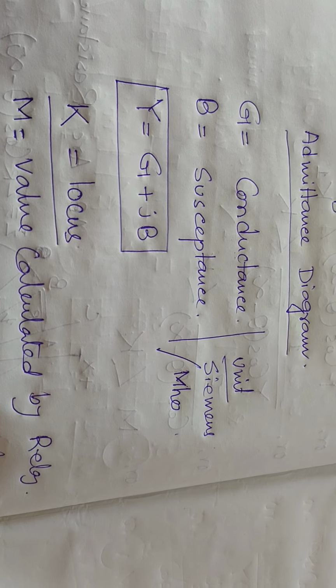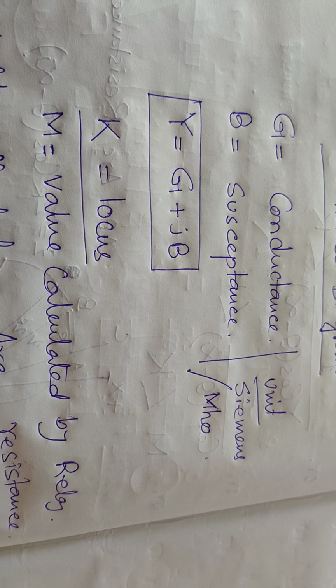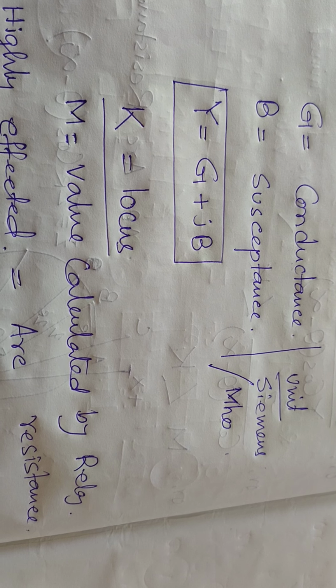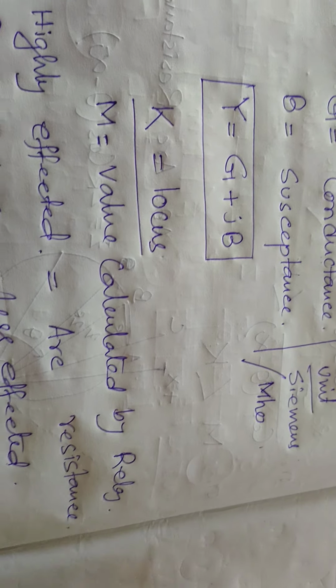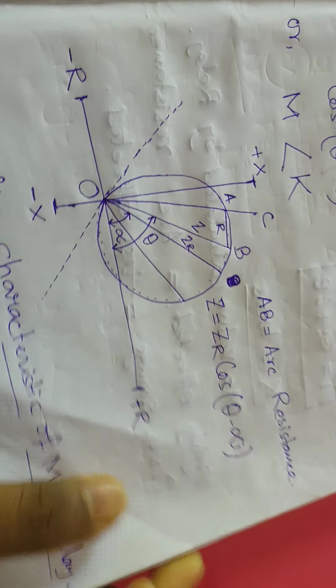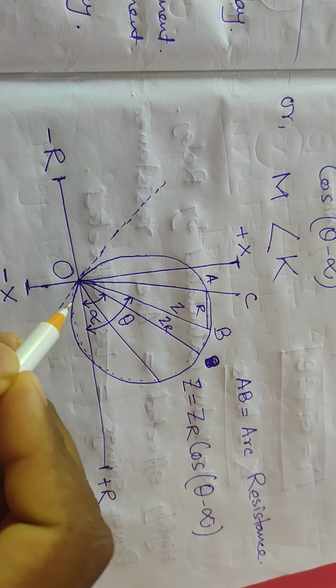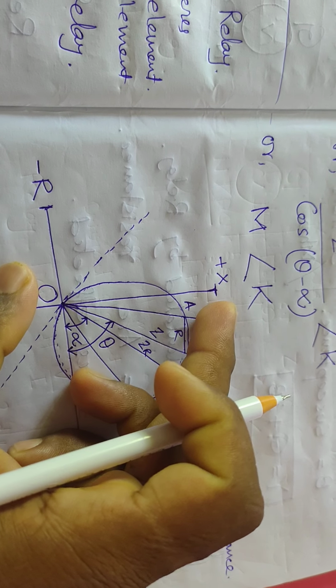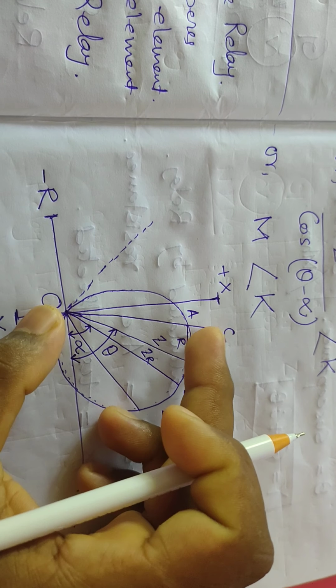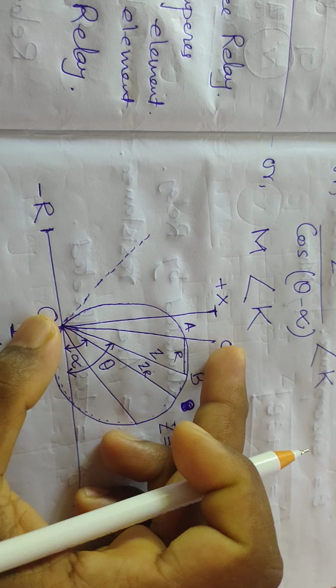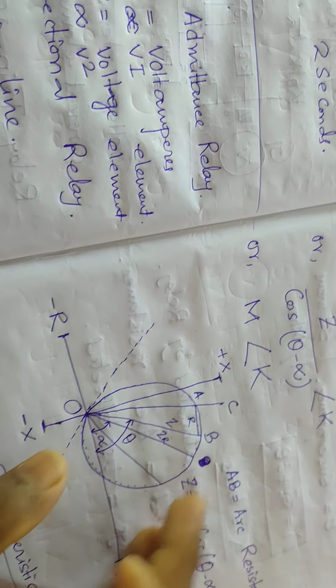The impedance angle of the protected line is normally 60 to 70 degrees. It is the impedance angle of the protected line, so it is defined by that.